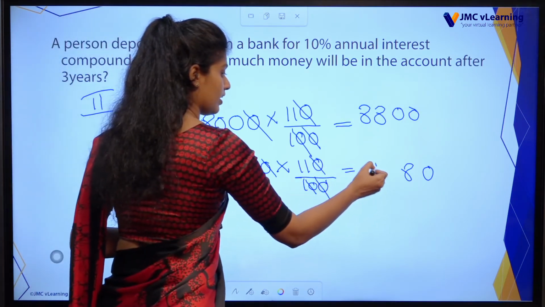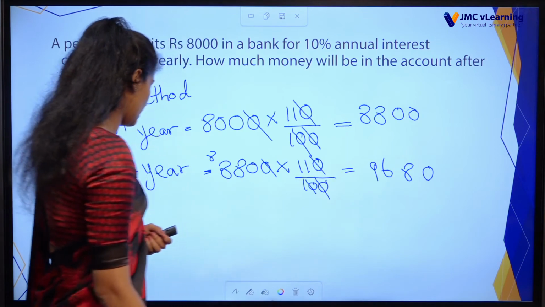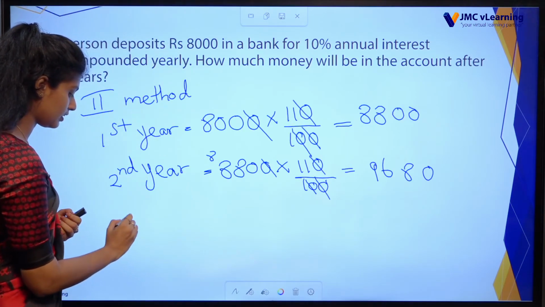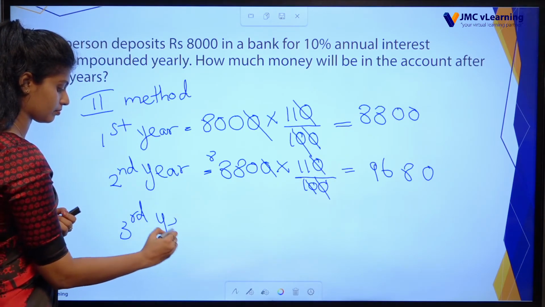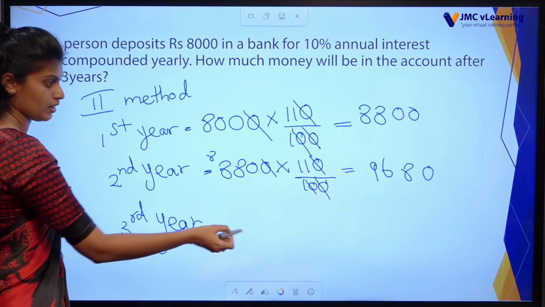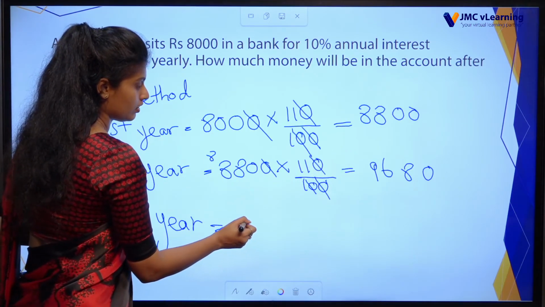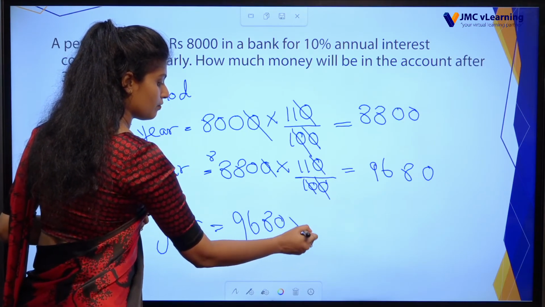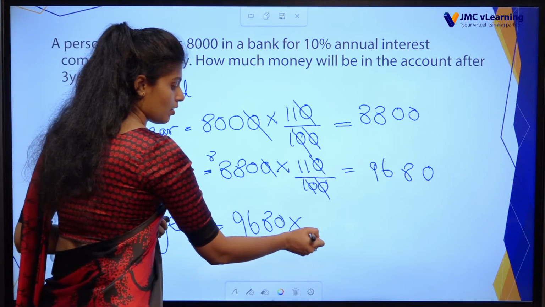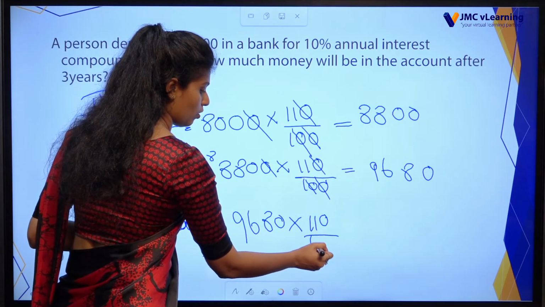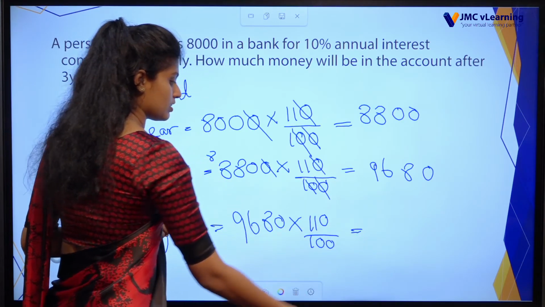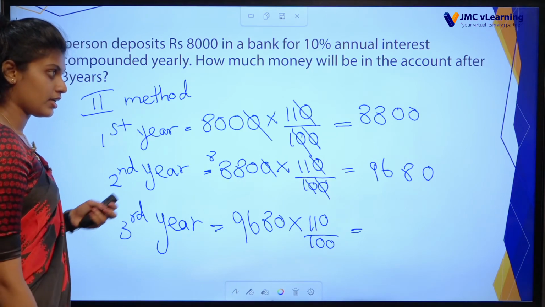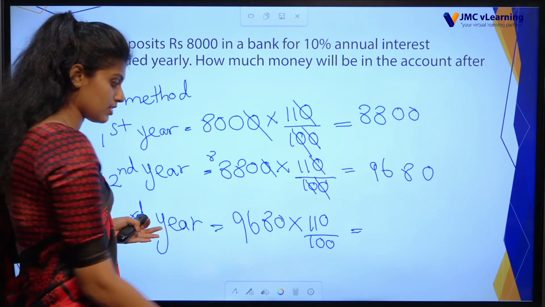Add 8, 96. Then after the third year, the final amount is 9,680. We have to multiply it by 110 over 100. This is the final amount in the account after 3 years.